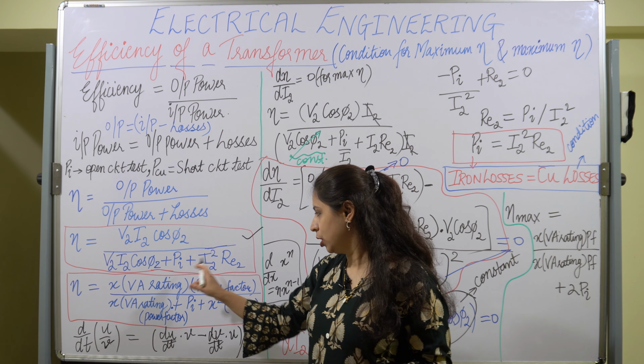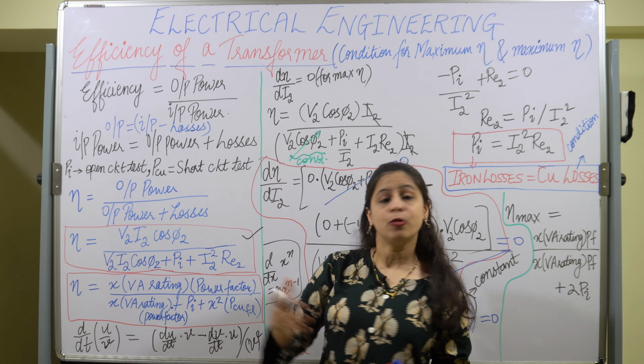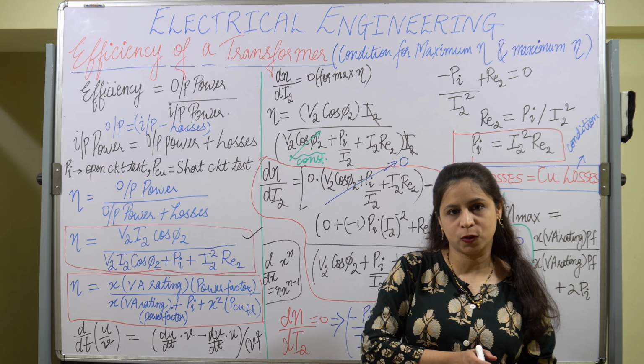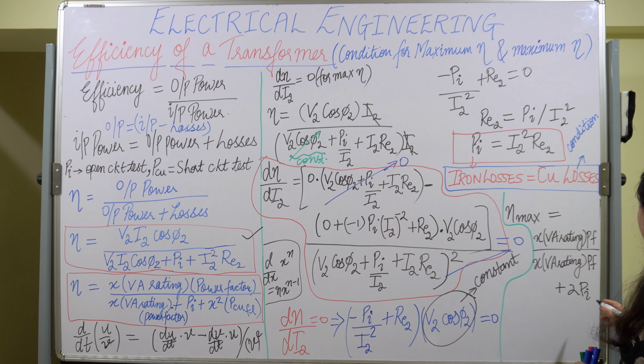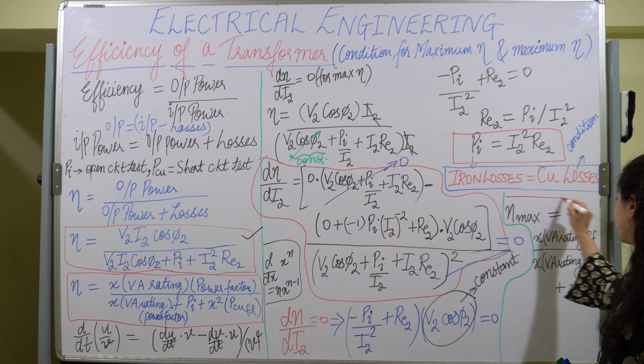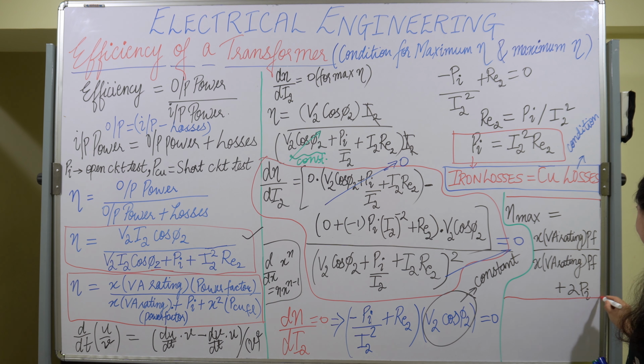So in the place of copper losses, I can put the value of iron losses also in order to get my maximum efficiency. So this would give me my expression for maximum efficiency.